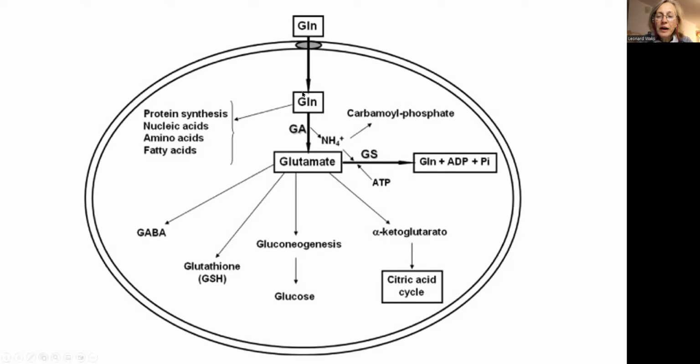Also, part of glutamine gets converted into sugar, because many cells in our body use only sugar as a source of energy. So we need that. Also, part of that glutamine is converted to glutathione. Everybody is talking now about, can I take glutathione as an antioxidant, as a supplement? Here we go.